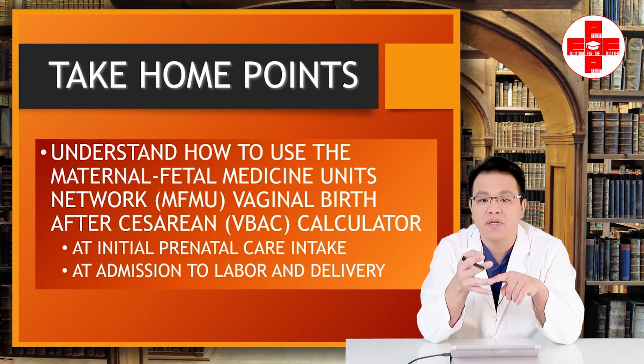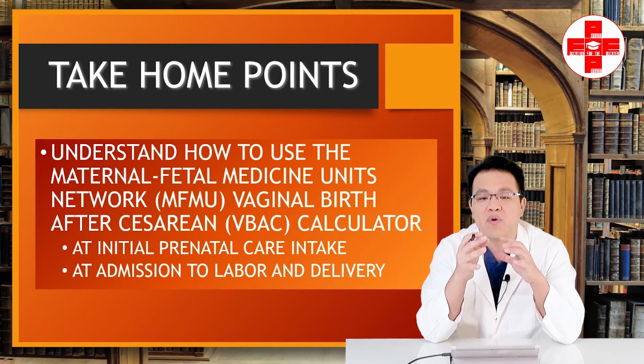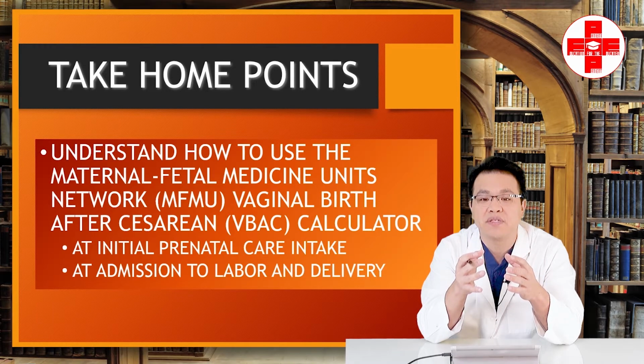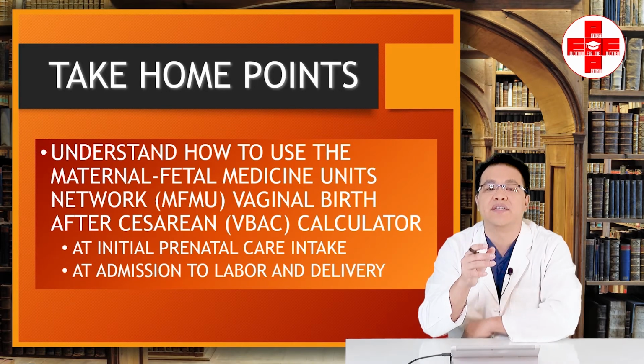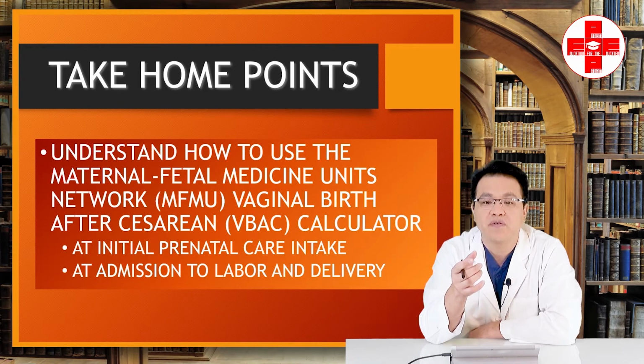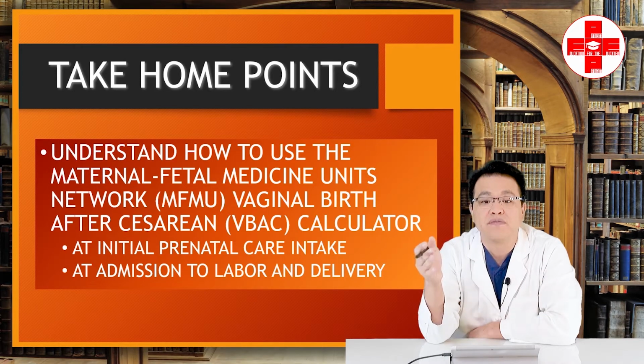And the second one has more information that's available to you at the time you are admitted to labor and delivery. And so that additional information, such as your cervical exam, can further tweak your risk of delivering by C-section or chance of delivering vaginally successfully.